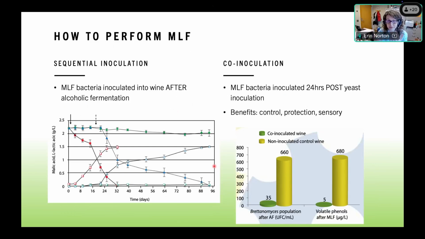And there are probably still winemakers out there that have been doing that for a really long time, and it's their tried and true method, and that's how they continue to do it. So they only inoculate for malolactic fermentation after primary fermentation is done.